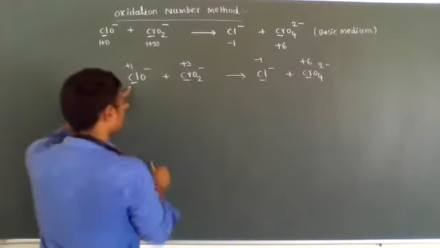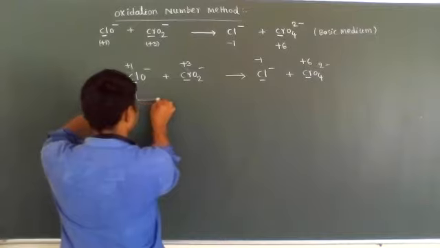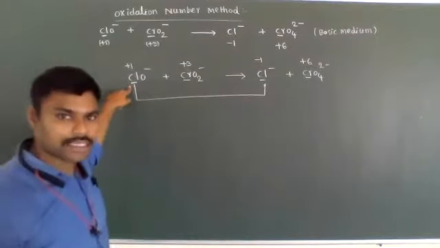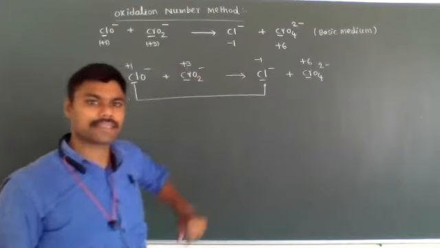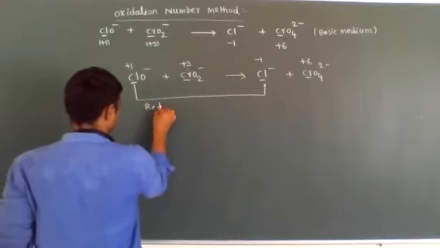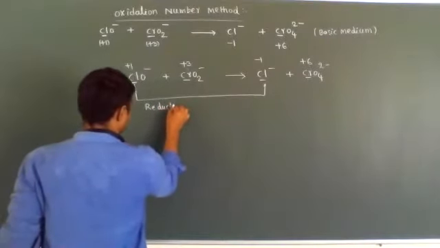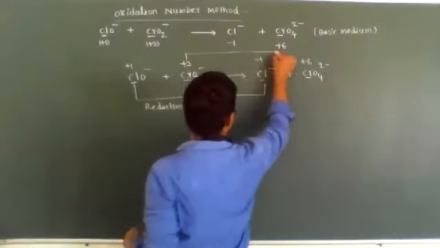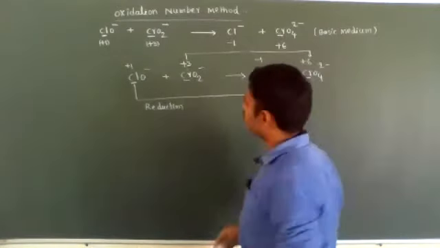So chlorine +1 is converted into -1, which means the oxidation state is decreased from +1 to -1. That is reduction. And this one, what happens?